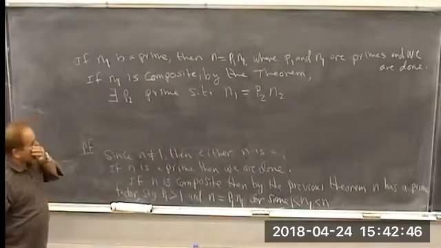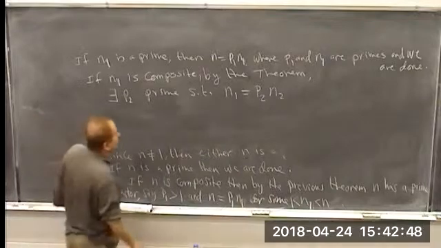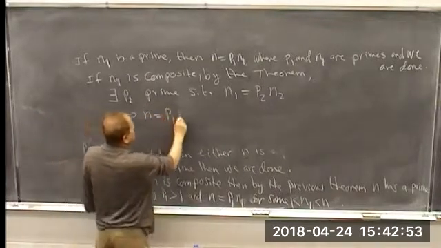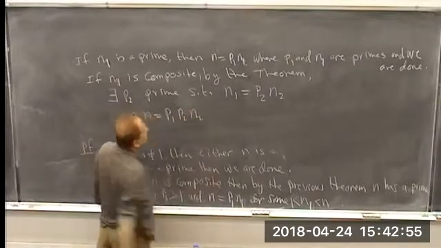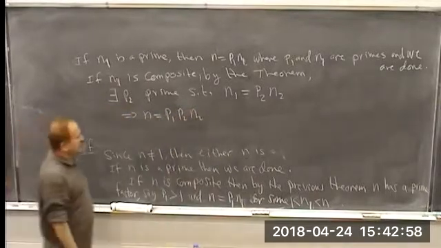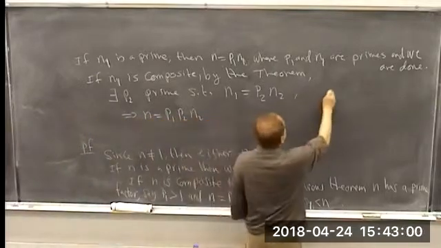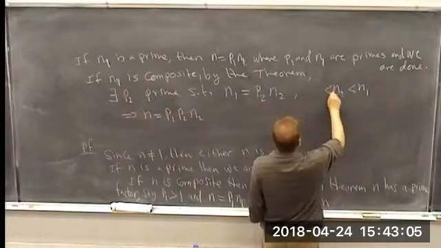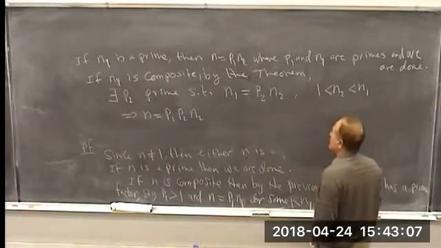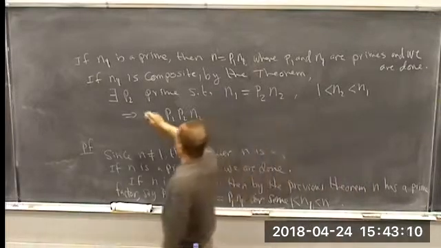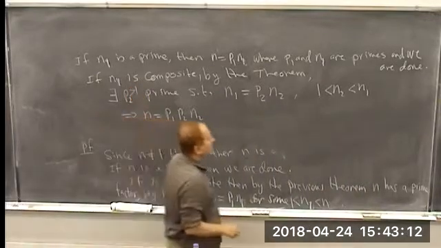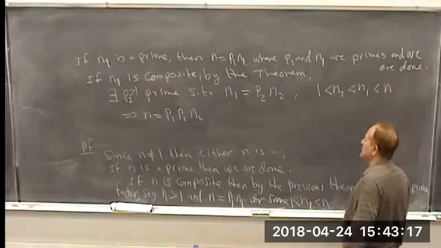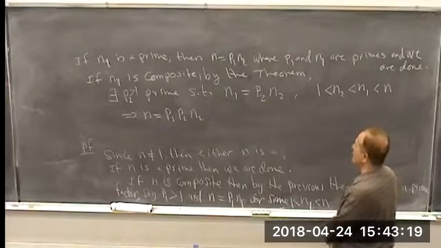All right? And this implies n is going to be p1 p2 n2. Now n2 is going to be less than n1, and this is going to be bigger than 1. This p2 is a prime, so it's bigger than 1, all right? And this one itself is less than, of course, the original number n.